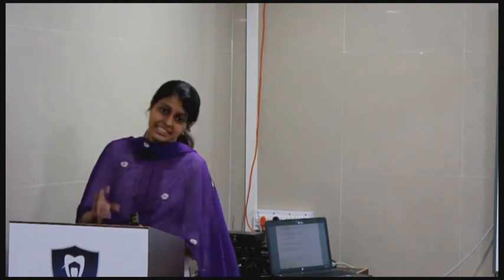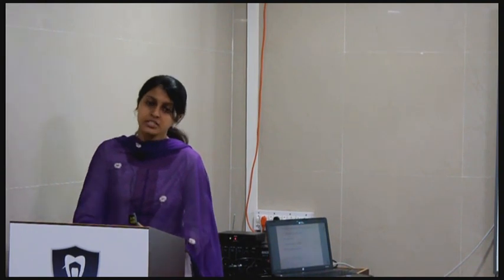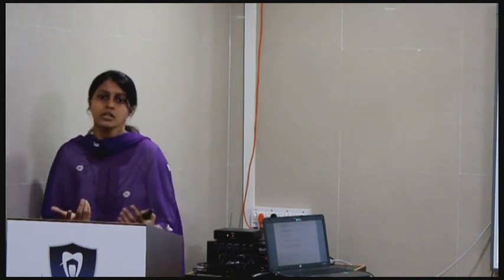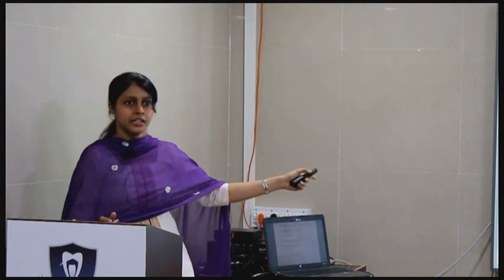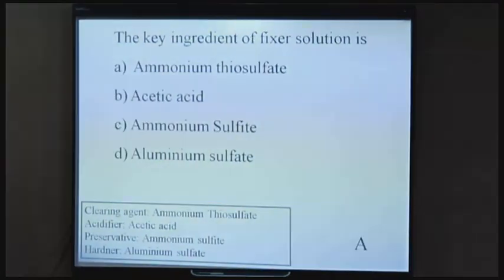Is to remove the excessive developer and to prevent the neutralization between the alkali of the developer and acidity of your fixer. So you wash the film and then go into the fixer. To go to the fixer, you are creating a visible image and you are removing all the unexposed and undeveloped crystals. You are removing it through the fixer, and then you are hardening with the aluminium sulfate to make it as a useful film.